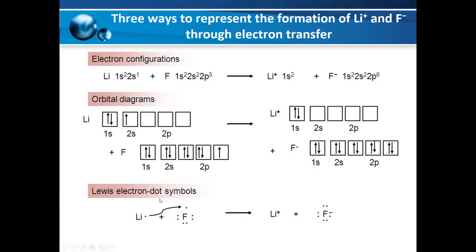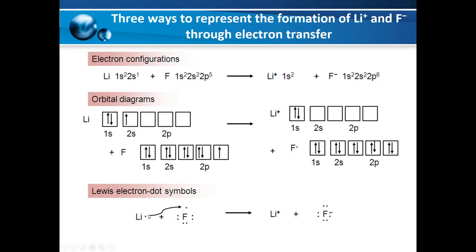In the Lewis electron dot symbol, you only need to show the valence electrons for lithium and fluorine. 2, 4, 6, 7. So the valence electrons for fluorine is 7 at n equal to 2. n equal to 2 is the outermost shell, so it consists of 7 valence electrons.